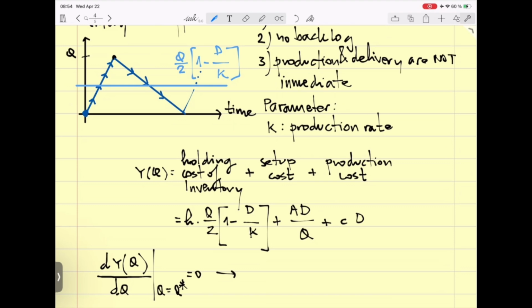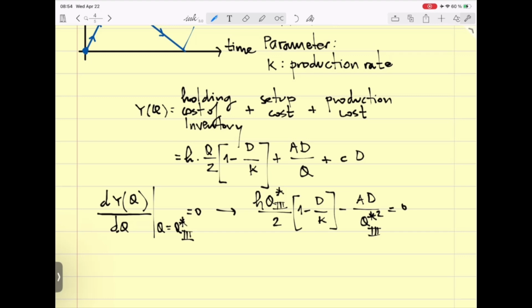So this is going to be q star 3: H times q star 3 divided by 2, 1 minus D divided by K, minus AD divided by q star 3 squared equals 0.